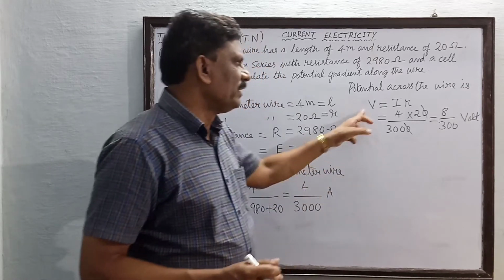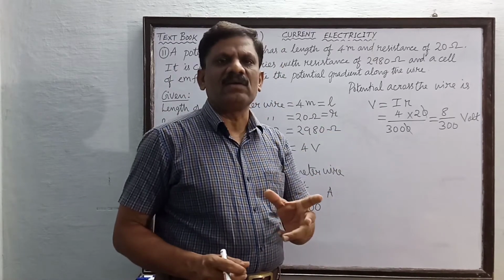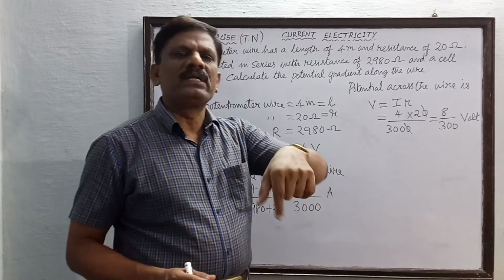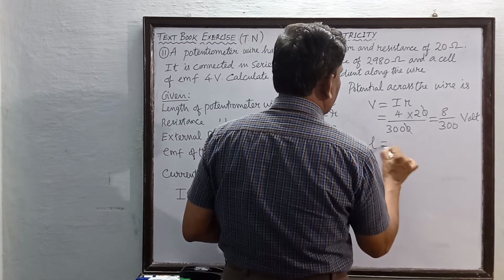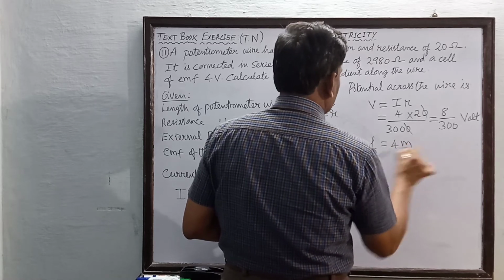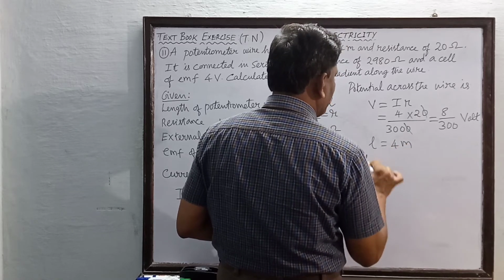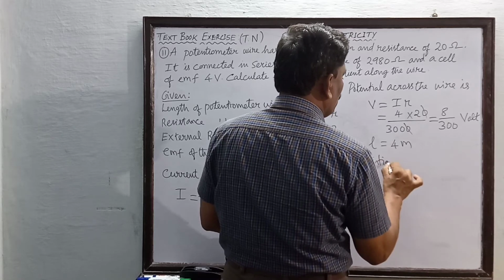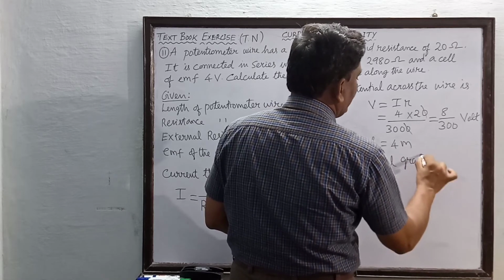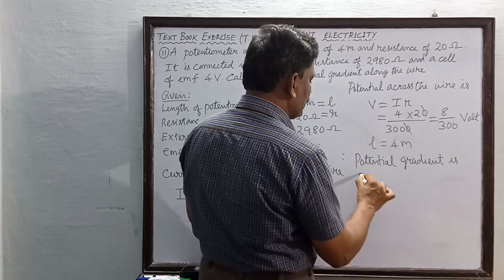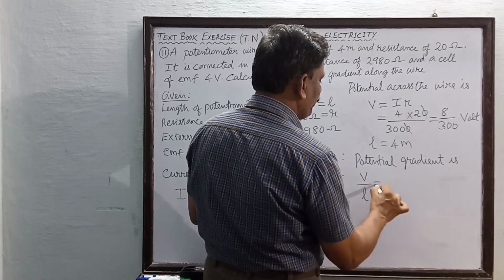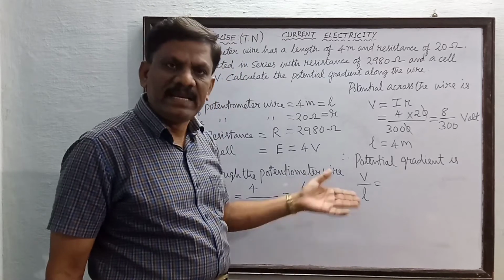So if you divide this potential difference across the wire by the total length of the wire, where the total length of the wire L is equal to 4 meter, we can find out the potential gradient. The potential gradient is V by L, potential drop divided by the length of the wire.